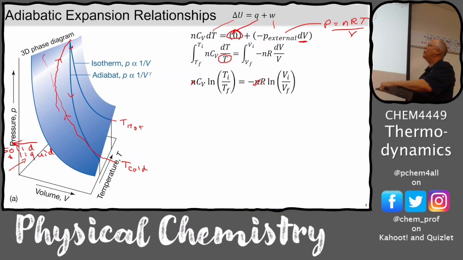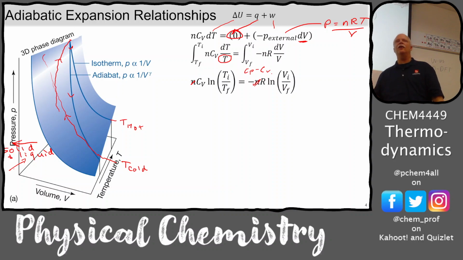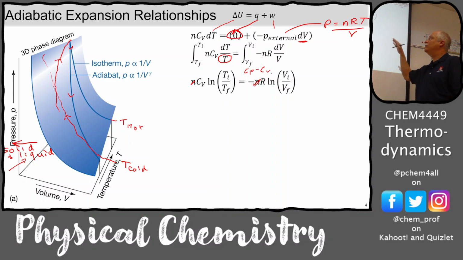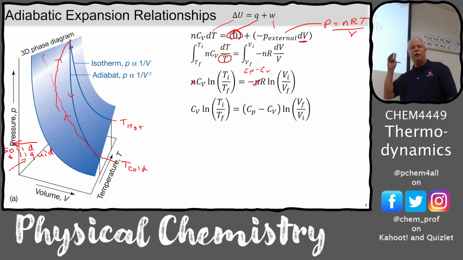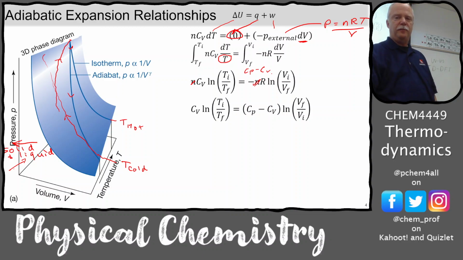And then R, you could essentially think of R as Cp minus Cv, because Cp is Cv plus R. So we could substitute that, and then we have Cv's and Cp's in our equation. So that's what we've done here. We got rid of the n's. We looked at that relationship between Cv and Cp.